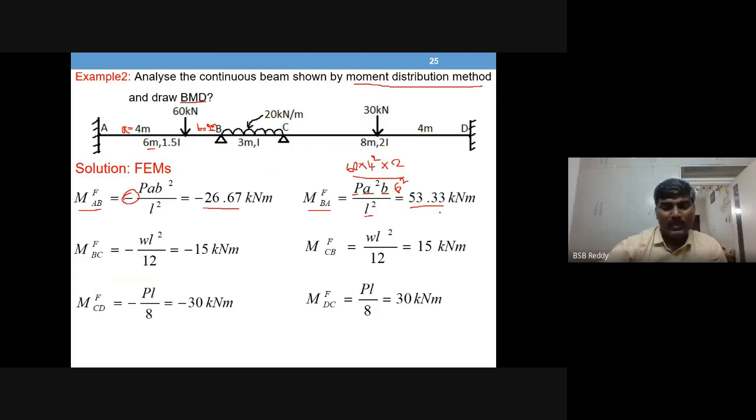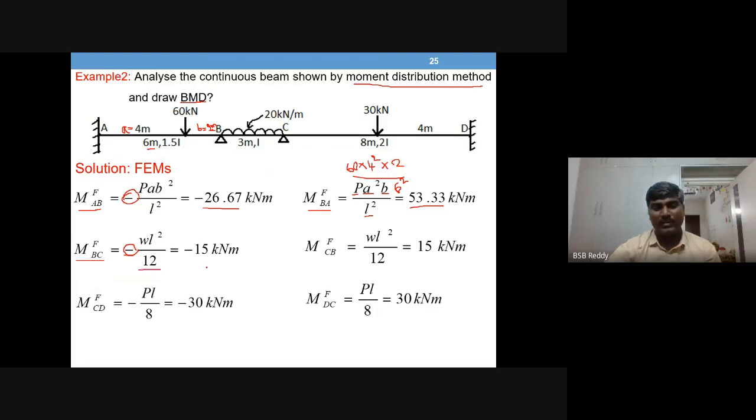Next, when you take up BC, it is a full UDL on BC. So the fixed end moment at B, MFBC, is equal to, again minus here, left anti-clockwise, WL square by 12.